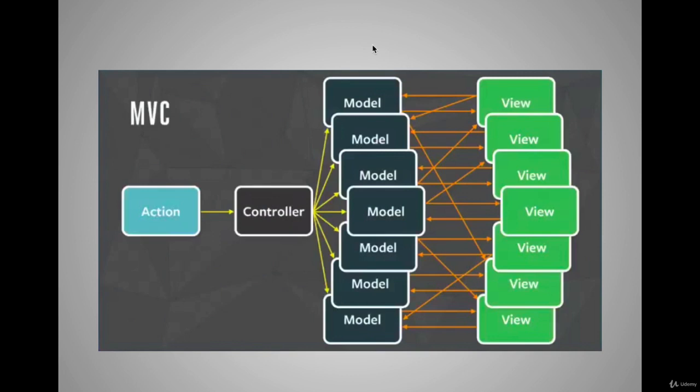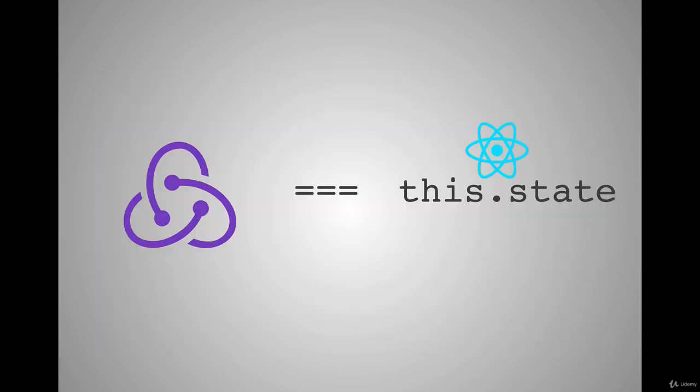If you get anything out of this video, the one thing I want you to understand is that Redux, at the end of the day, is pretty much the same as this.state in React. With Redux, we can replace this.state and theoretically remove all of this.state from React and have it all happen inside of this Redux library, which again, we're going to do.